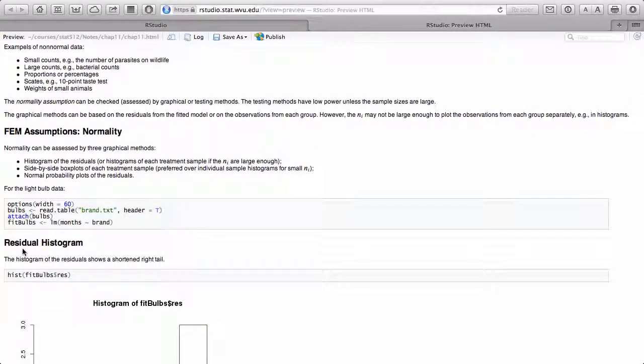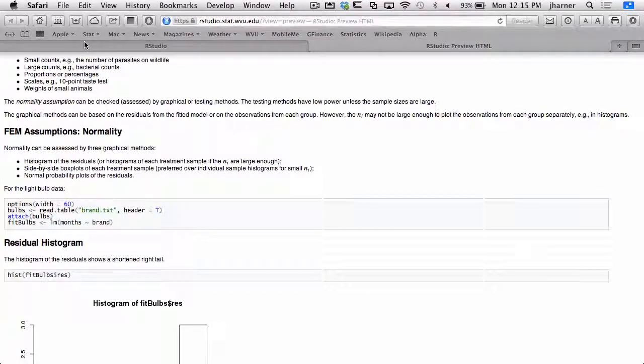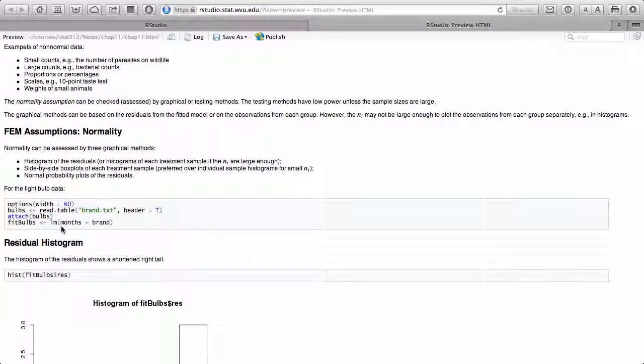I have this light bulb example where I am looking at the months, the different types. How long do different brands survive, or if I'm looking at the distribution of survival time, or in this case, you're looking at the reliability of the light bulbs and trying to determine how long they burn before they burn out. So if we measure that in months and we have different brands, we could do an analysis of variance to compare the brands. Now, we were fitting months as a function of brand, meaning that we want to see whether there's a brand difference.